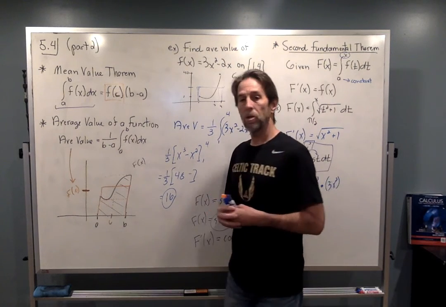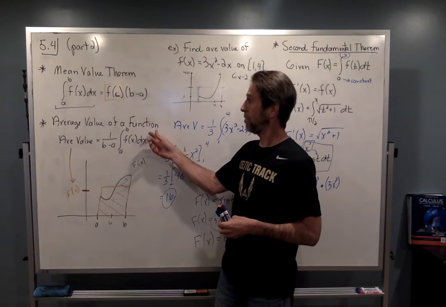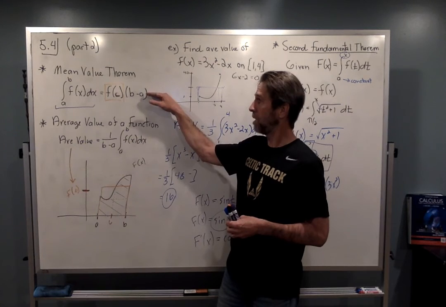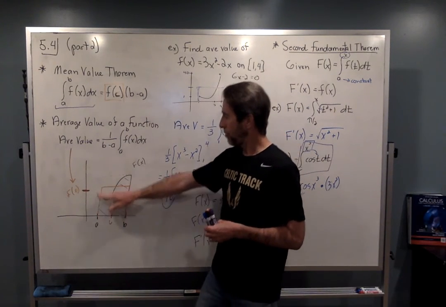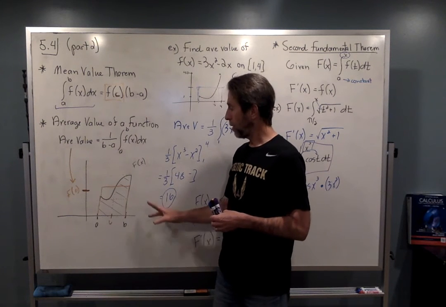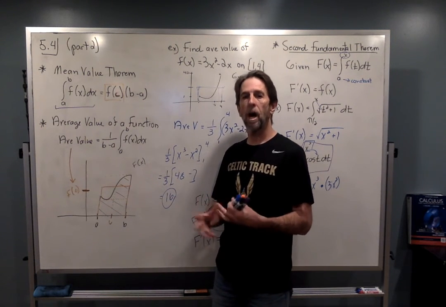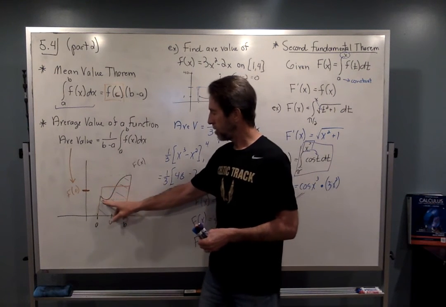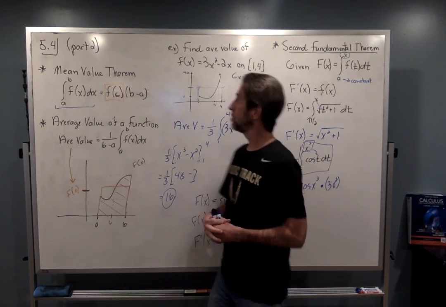A very popular type of application that comes from that is this idea of the average value of the function, which is just really rewriting the mean value theorem. It's really trying to find what is the average height of a function. So if I were to take some irregular area and turn it into a rectangle, what's the height of that rectangle? It's almost like this purple thing here is ice, and if it would melt, how high would that be if it was in this container?